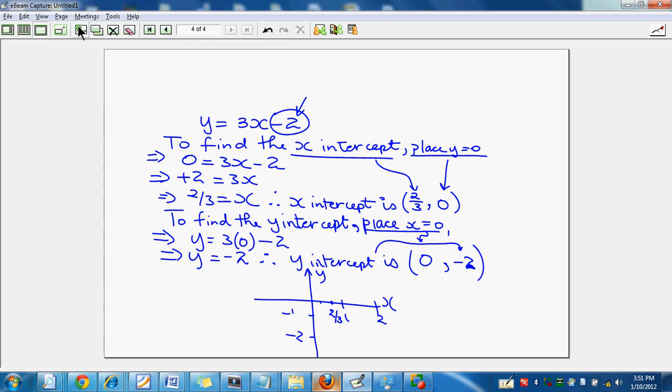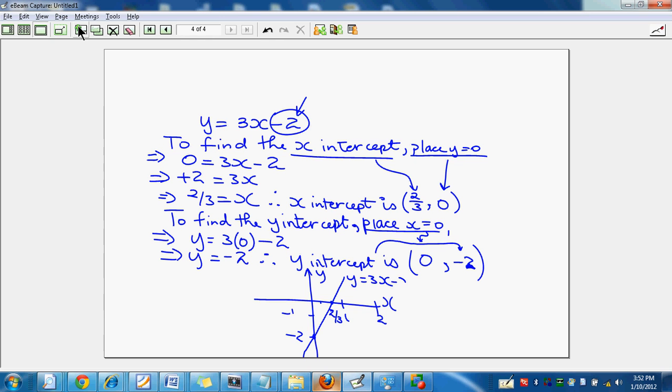And also now, the y-intercept is where the line is going to cut the y-axis, and that's where y is equal to minus 2. So that will be at this point here. Very easy to sketch the line by simply connecting these 2 points, like that. So that would represent the line y equals 3x minus 2.